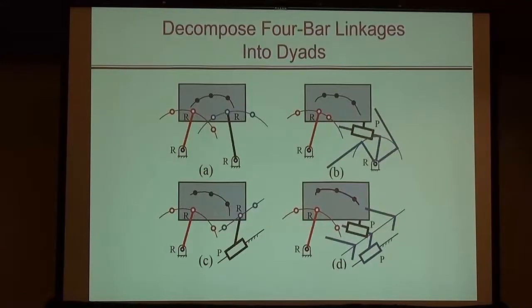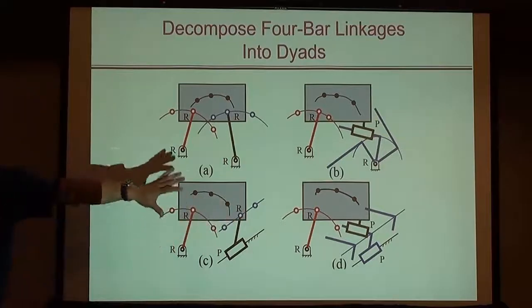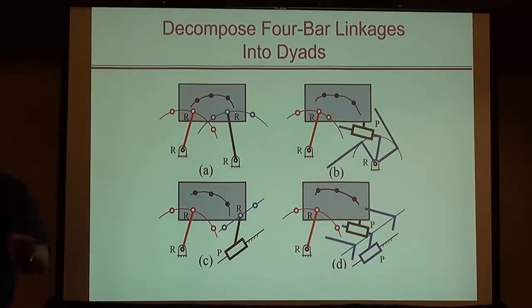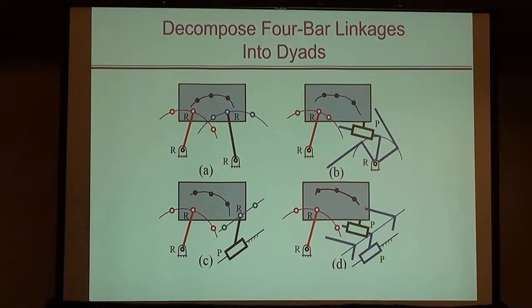So we actually use this representation to represent 4-bar linkages. And here by 4-bar, it's a combination of revolute and sliding joints, not just 4-bar where all 4 joints are revolute joints. The question is, how do you come up with a kinematic formulation that they can be handled in the same way, whether you have a sliding joint or not.